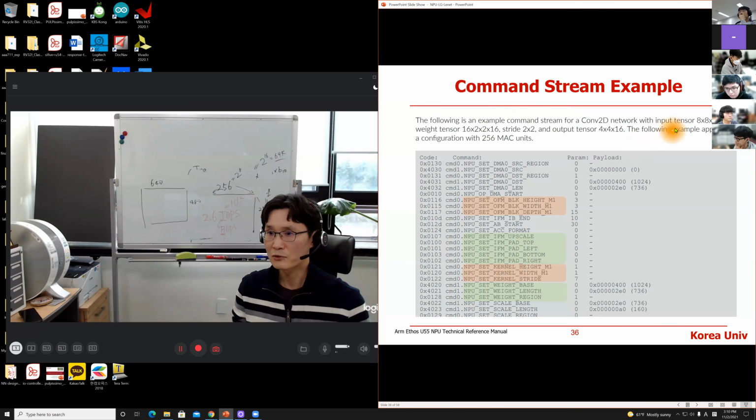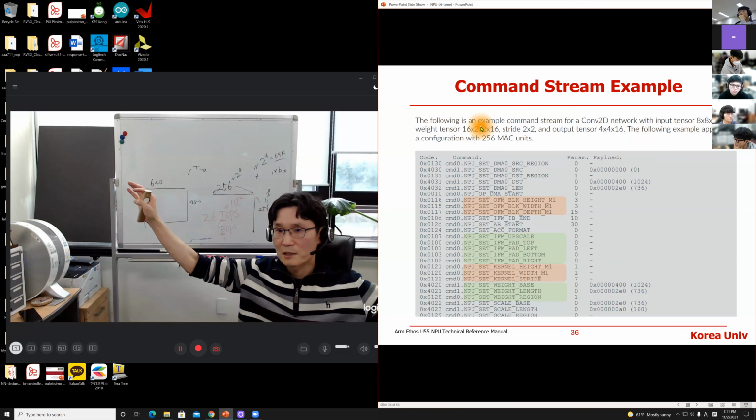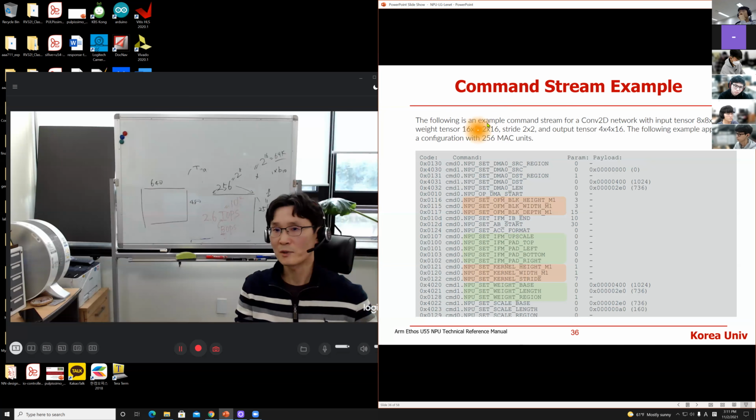So here you want to do this one: the input tensor, a multi-dimensional array, 8 by 8 by 16. Then the filter is 2 by 2 by 16, and you have 16 different filters of them, each one 2 by 2 by 16. Then you get this output.